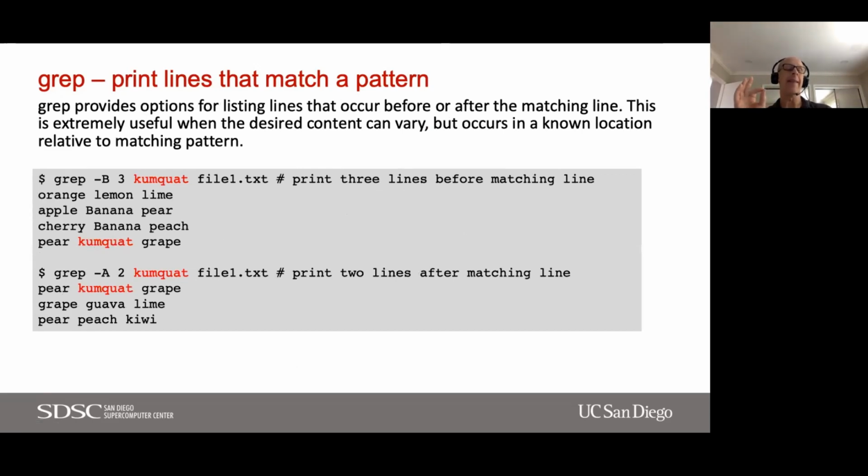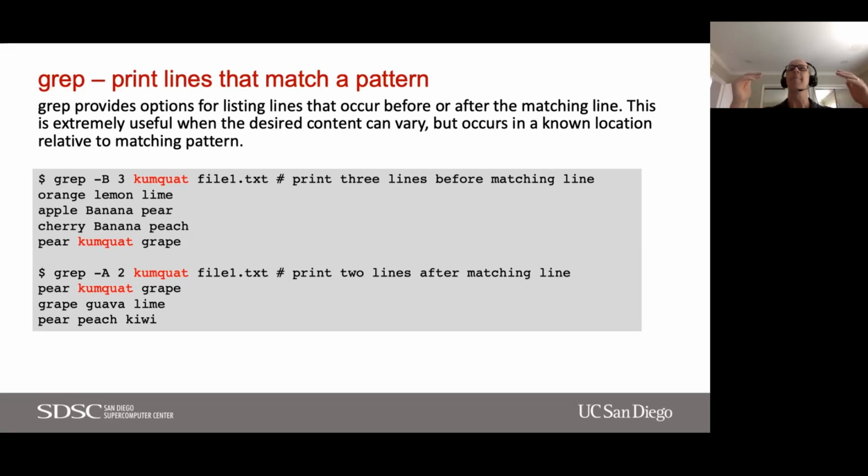This is a really cool feature of grep that I've used many times, and that is listing a line or lines that occur before or after the matching line. So sometimes, when I'm parsing output from programs, there's a fixed line that I know is in there. But the output line I want could vary. The names and the numbers would vary, and it would be hard to search on that line.